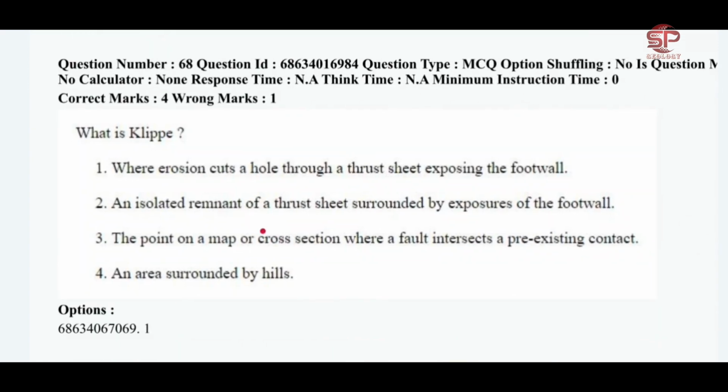The answer will be: erosion cuts a hole through the thrust sheet exposing the footwall. An isolated remnant of the thrust sheet surrounded by exposed footwall is a klippe. Answer will be this one. This is the window. The answer will be 2.